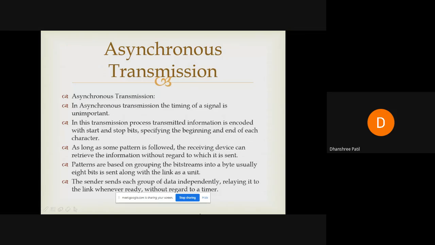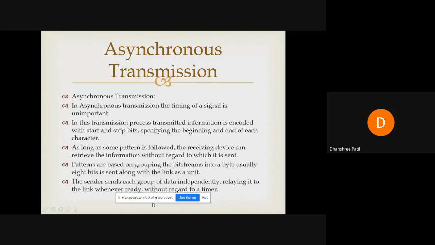The receiver can decode the information and get the original data. Patterns are based on grouping of the bit stream into bytes. Usually 8-bit data is sent along the link as a unit. The sender sends each group of data independently, relying on the link whenever ready, without regard to a timer.